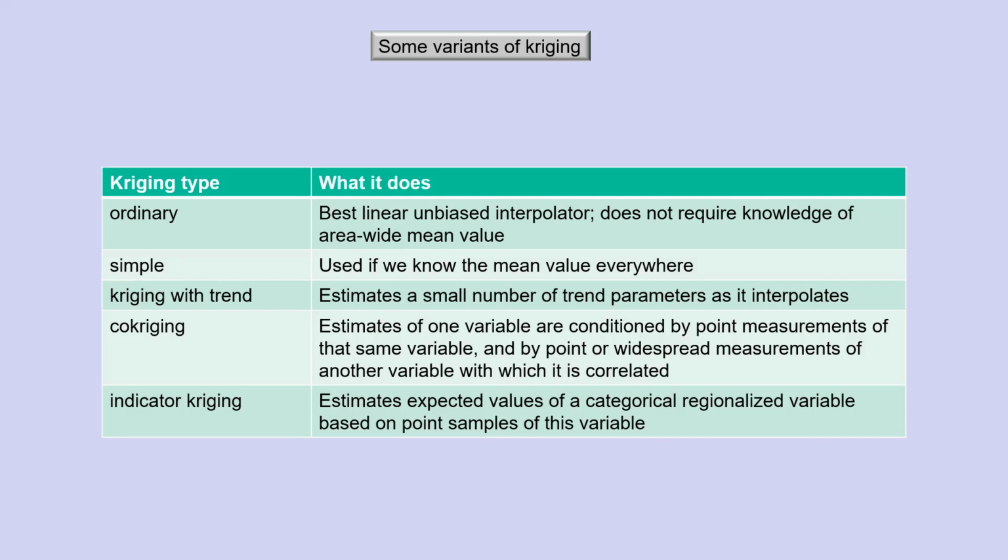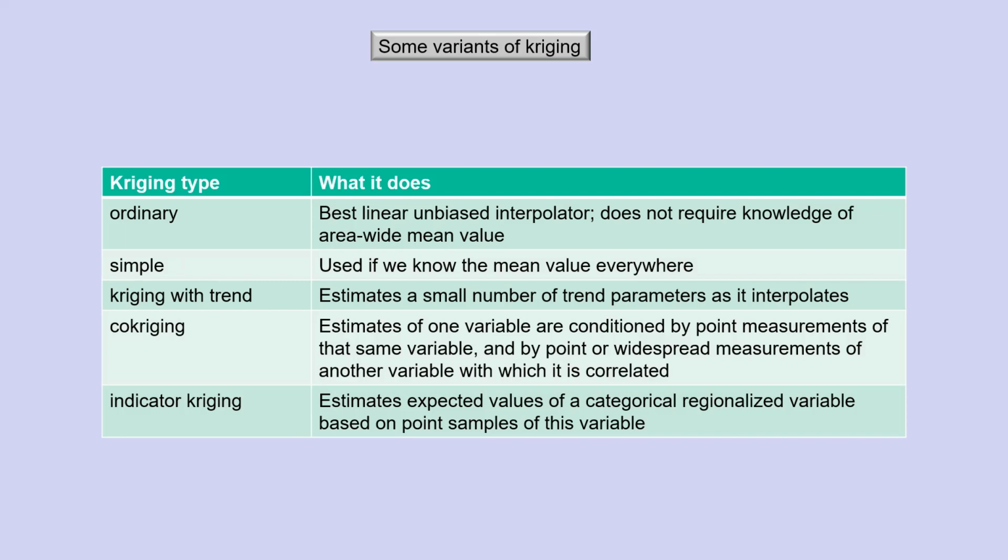We can relax the assumption that we know the mean of a hydraulic property everywhere, and by doing that we undertake a type of Kriging called ordinary Kriging. What we do have to know is the dependence of correlation on distance between sample points, which we will characterize with a thing called a variogram, which we'll talk about shortly.